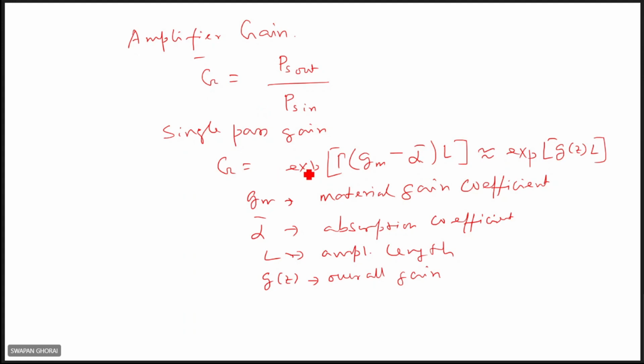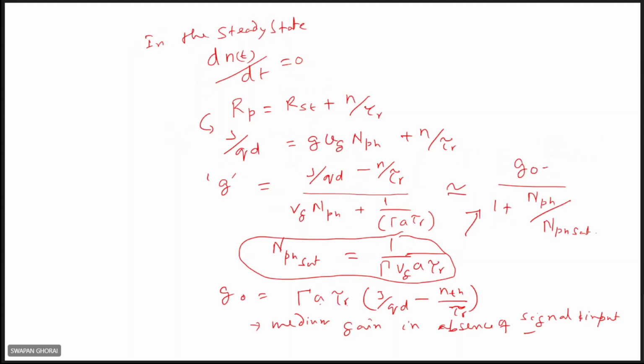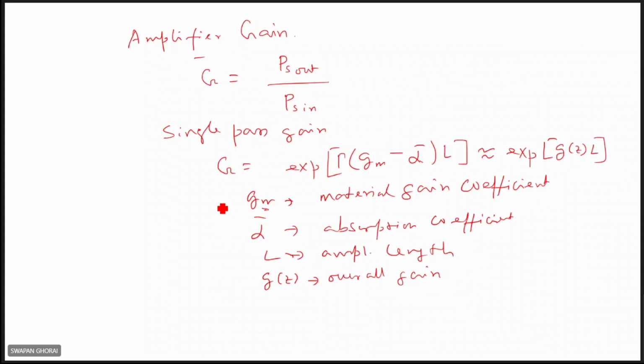So G can be expressed with GM, the material gain. Just now what I discussed, the small g, that is the material gain, so to distinguish this gain from that gain, GM is used instead of small g.